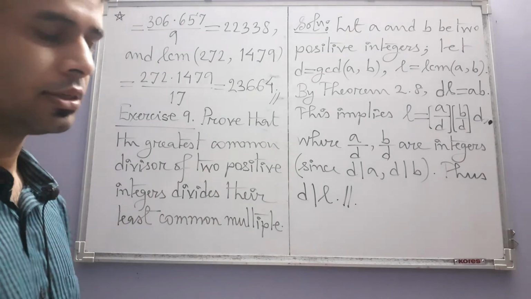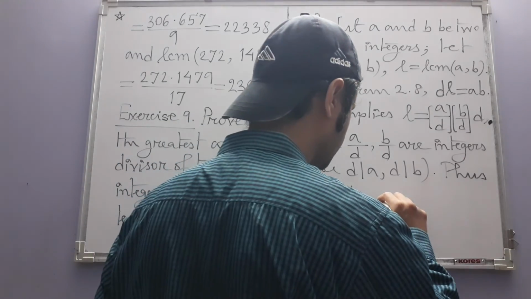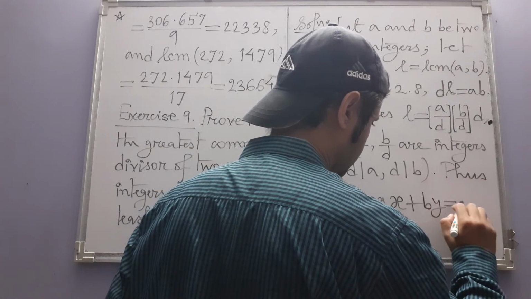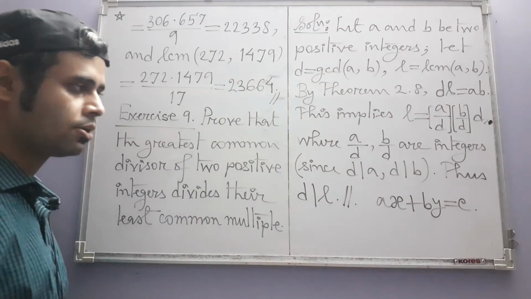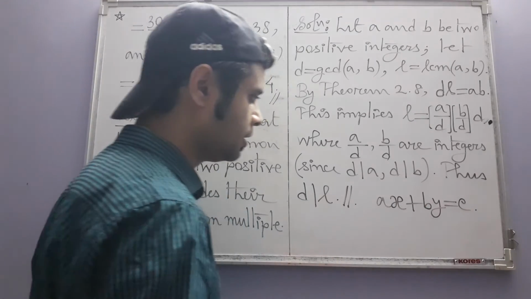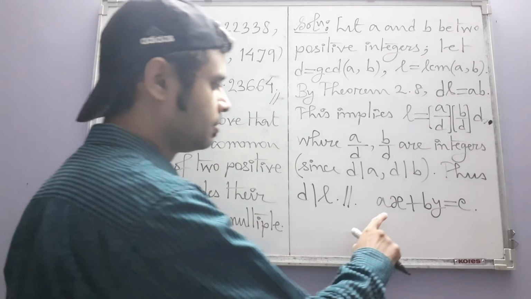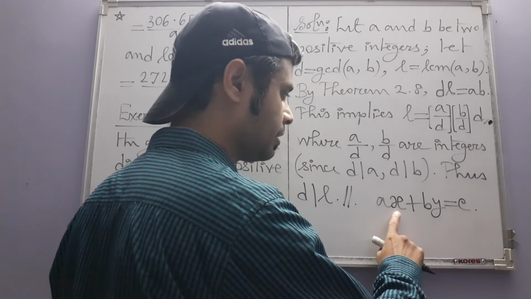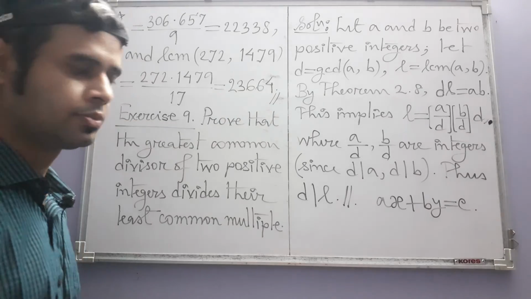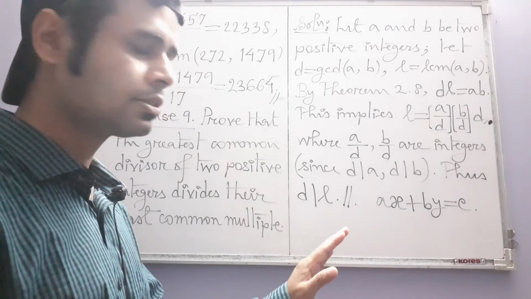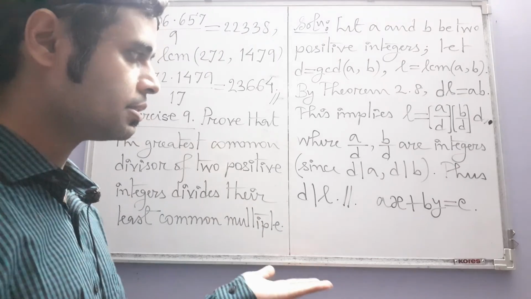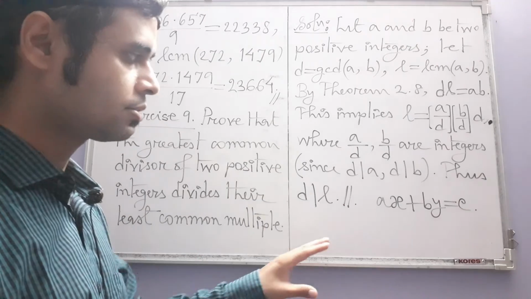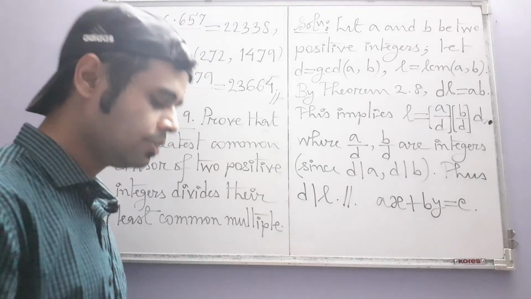There is one more section in this chapter where we consider equations which look like this, where a, b and c are integers, and we ask ourselves whether such an equation has a solution where x and y are also integers. And in answering such questions, this theory of GCD will help us. So the next section is about that. We will see those things.